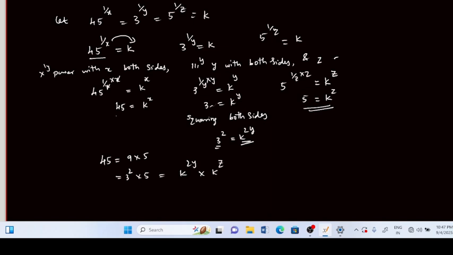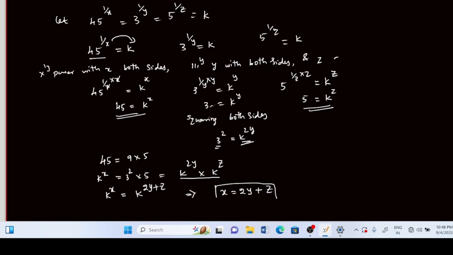So left hand side we have 45 which can be written as k power x. Now we can write k power x equal to, so right hand side multiplication is there, so when the bases are the same we can add the powers. 2y plus z can be added. What is the meaning of this? If we compare both the powers, we can write x equal to 2y plus z.